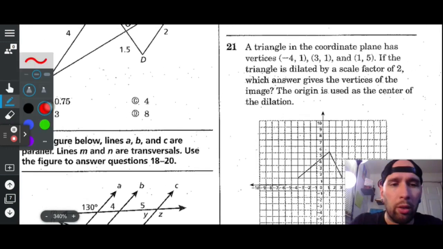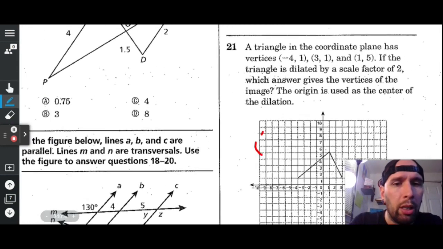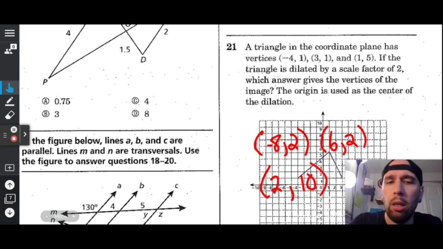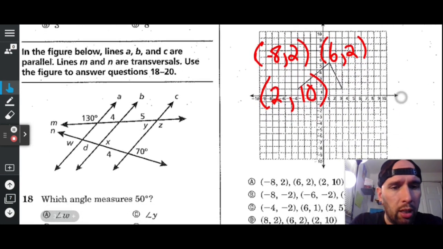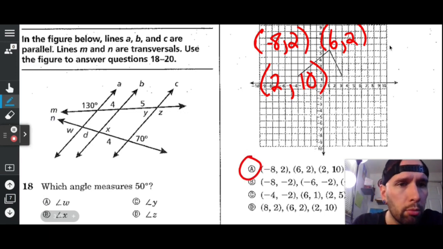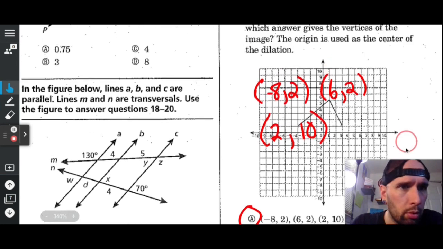So I'll write that down here so I can see. That'll be -8, -8, 2, 6, and 2, 10. Pretty easy. That's all I had to do, right? I'm not missing anything, am I?